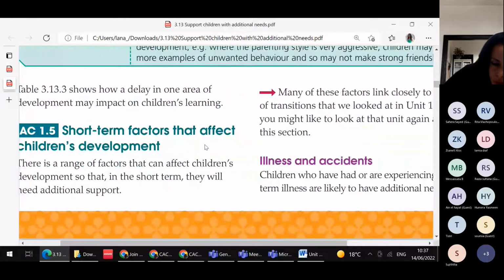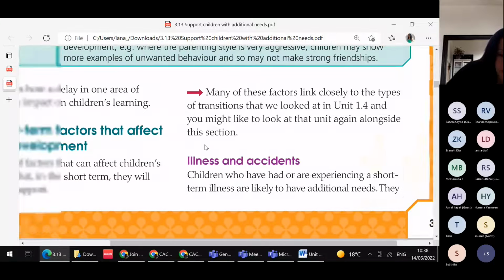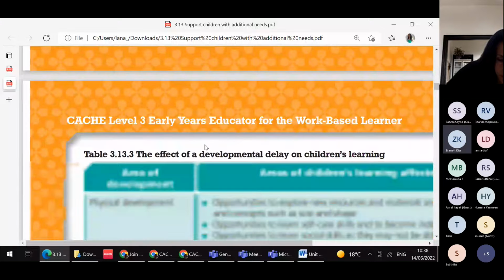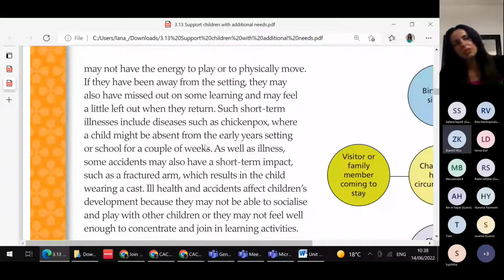So first of all, in a short term, how does this affect the child? We have illnesses and accidents. So the child may have, in a short term, something that could affect his life. Let us say he suddenly has got a chronic disease or any illness or condition that the parents maybe didn't notice from the beginning.